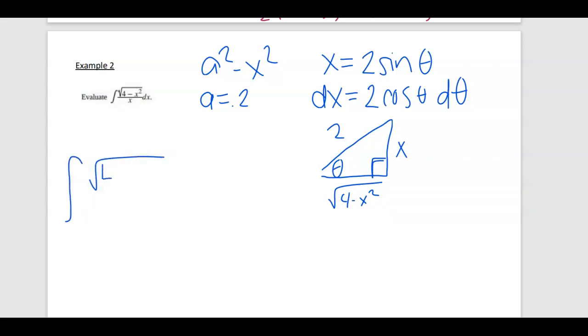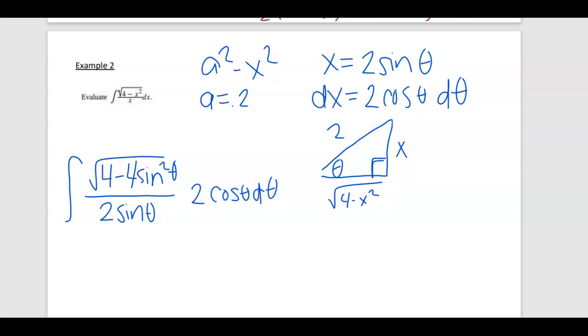So the square root of 4 minus 4 sine squared theta, all over 2 sine theta, and then in place of dx, 2 cosine theta d theta.